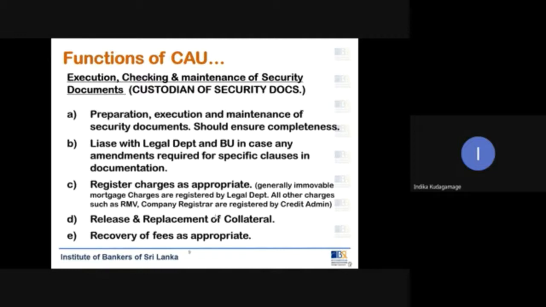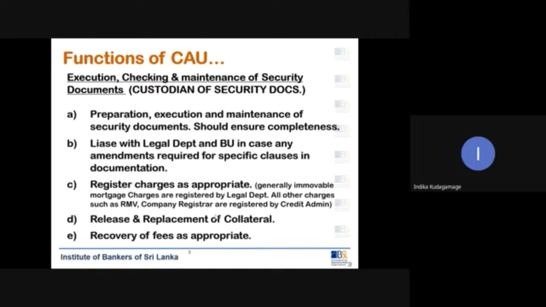Sometimes in some branch banks, the security documents are still held at the branch, whereas BCBS wants everything to be kept in a central place. It can be a regional office, but it should not report to the regional manager. Right? So it has to report to a separate unit.